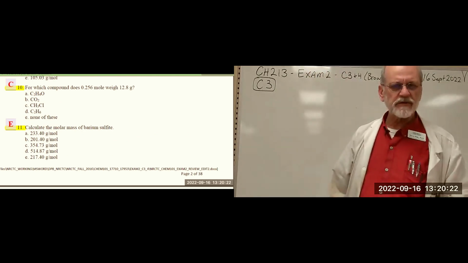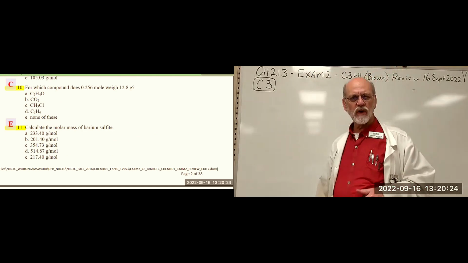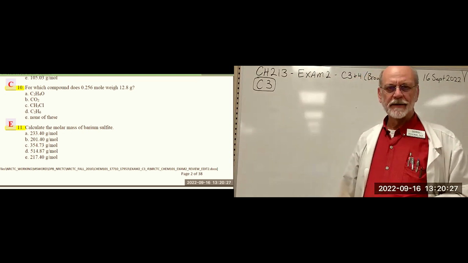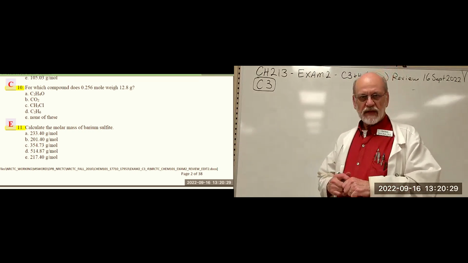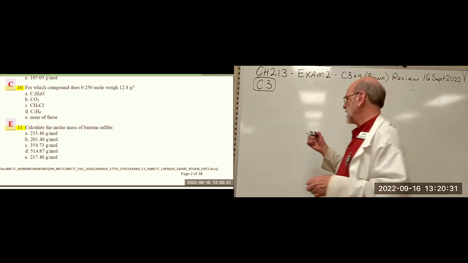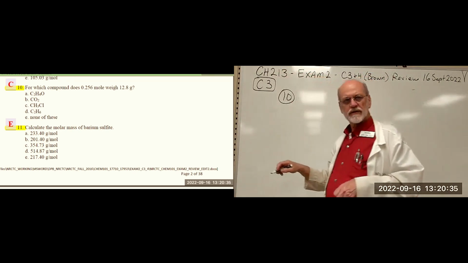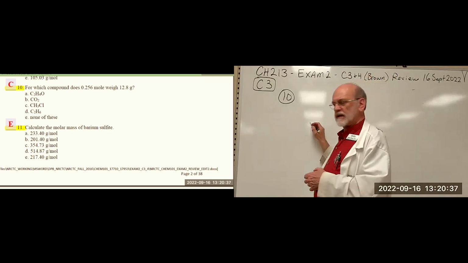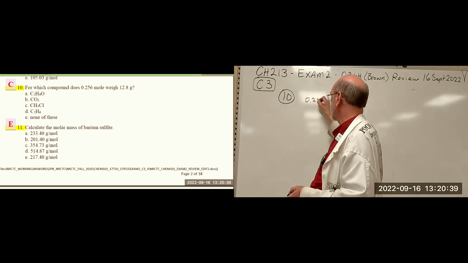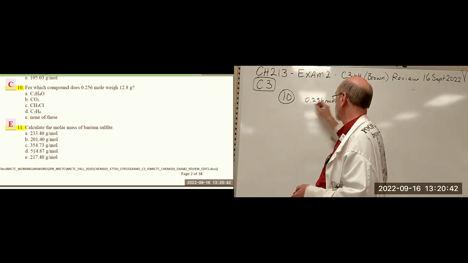For which compound does 0.256 mole weigh 12.8 grams? This one is like a Henry Ford problem. So you'd set it up for each one. So you have 0.256 moles of each one.